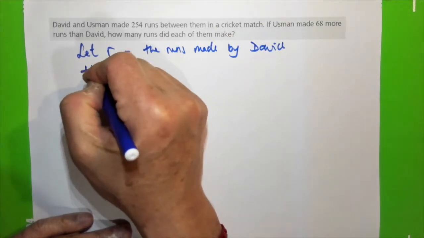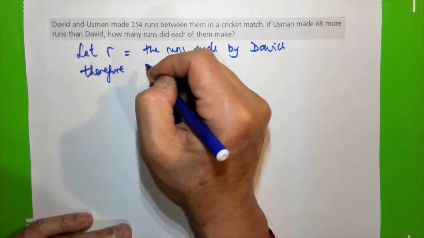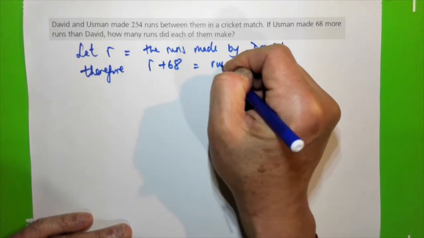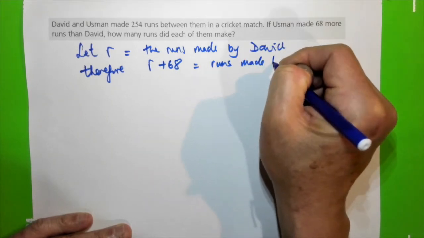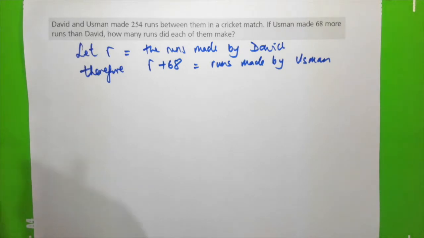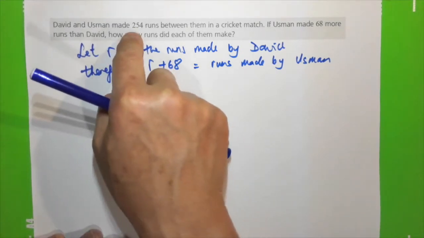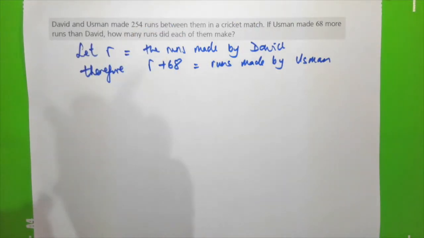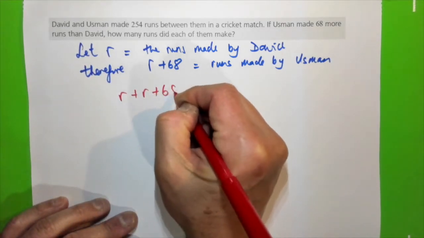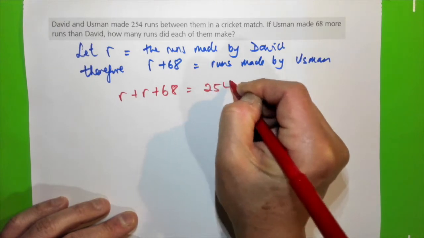Therefore, R plus 68 equals the runs made by Usman. We know that both of them add up to be 254. Therefore, rewriting the equation, R plus R plus 68 equals 254.